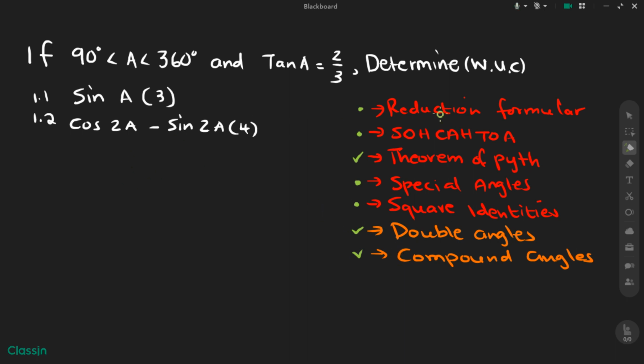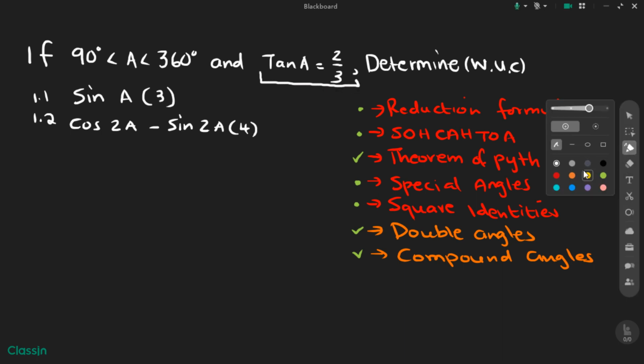Now, the problem that we have here, relating to this statement, I mentioned earlier that tan A is equal to 2/3. The first thing you must do is work out tan A equals 2/3 as a right angle triangle.